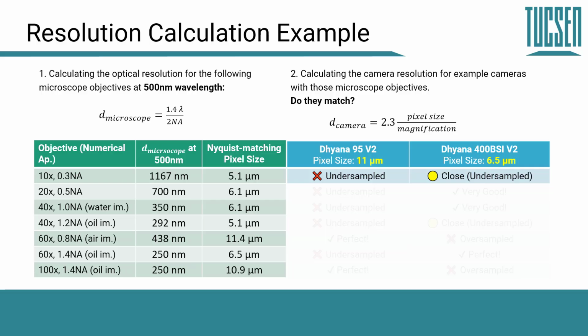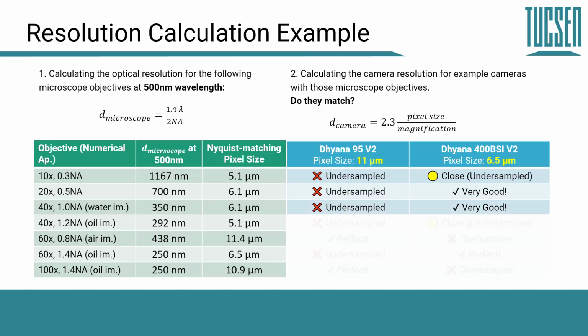Our pixels are more than twice the size that we'd want them to. With the 6.5 micrometer Diana 400 BSI version 2, we're not so far off, within about 20% of our desired pixel size. Depending on how important resolution is for your application, that might be plenty close enough, or it might be way off. It depends on how important resolving fine details is.